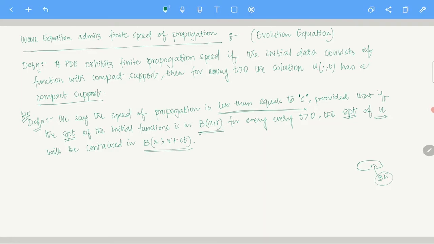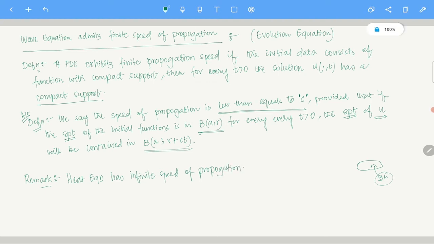So basically, please remember, the heat equation has an infinite speed of propagation, whereas the wave equation has a finite speed of propagation. Let me put a small remark here. The heat equation has infinite speed of propagation, so it propagates for all time t.